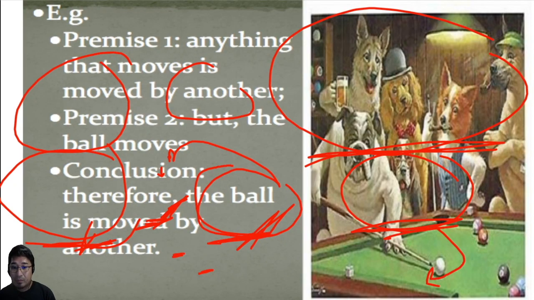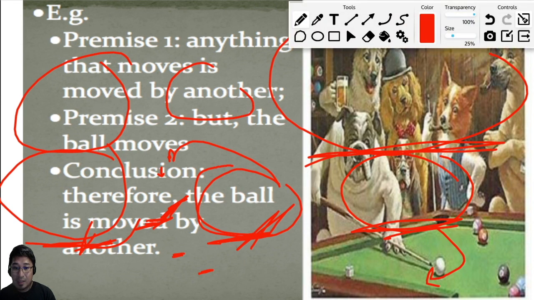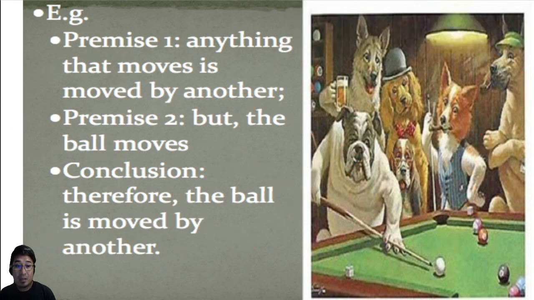Example, let's check the syllogism and then inference in this argument. Sabi, anything that moves is moved by another. The ball moves. So ang conclusion natin dito is the ball is moved by another.